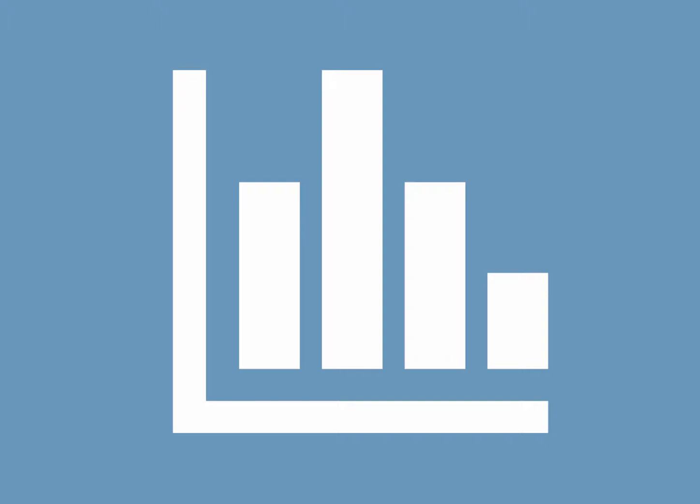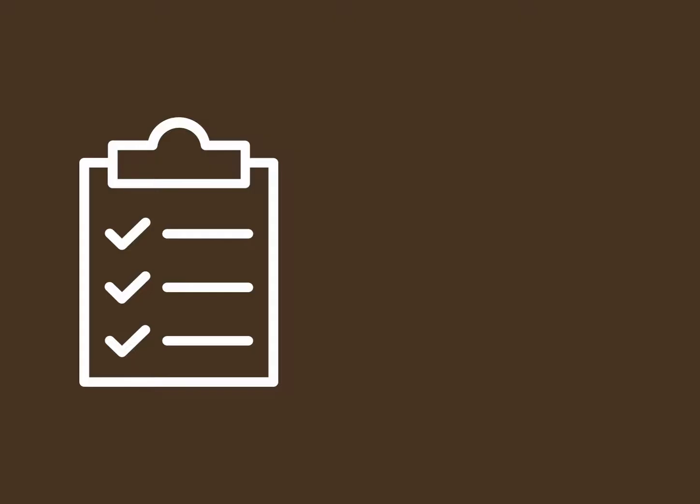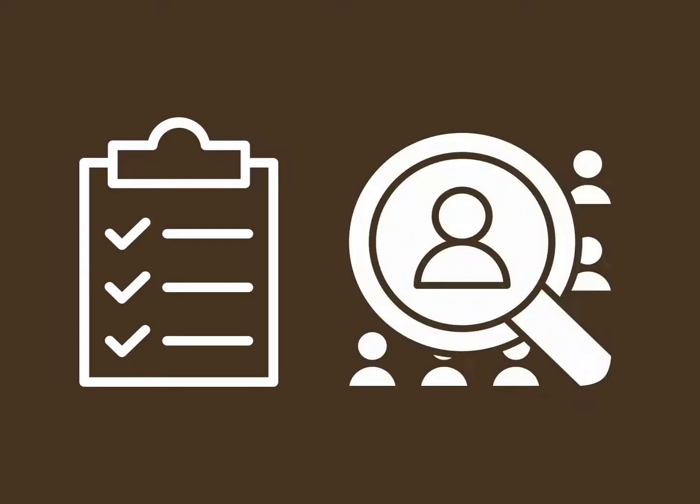Once you know which type of data you need to answer your questions, you'll develop an observation guide that you will use to direct your attention during the observation and record your data. An observation guide is helpful because it's likely that you'll be observing a program or setting that has a lot of activity going on.